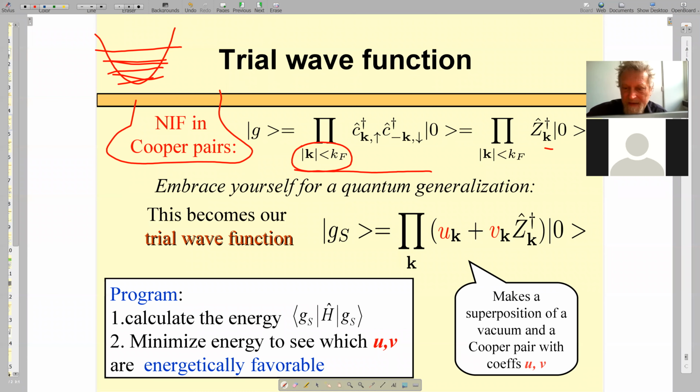Okay, that's what I wrote here. And these variables u and v are coefficients in this superposition. So we have a lot of tunable parameters in this wave function. For any k, we have two complex parameters to tune.